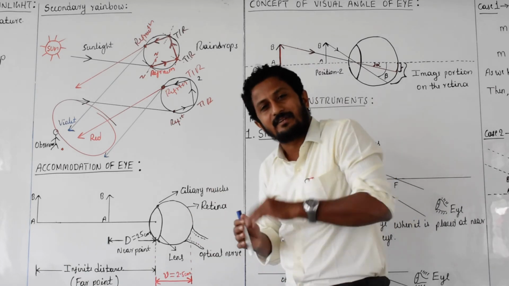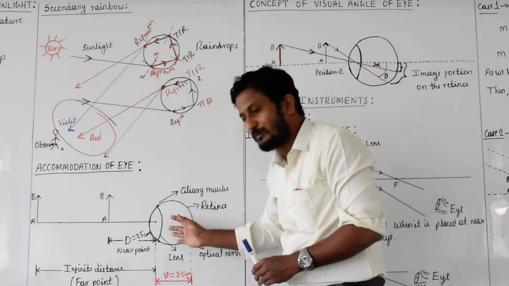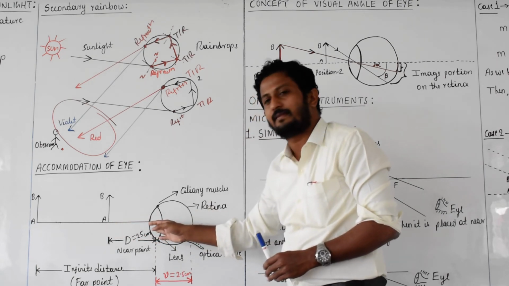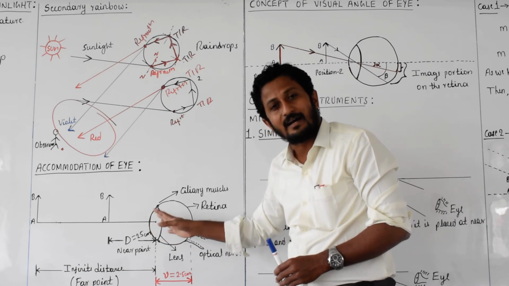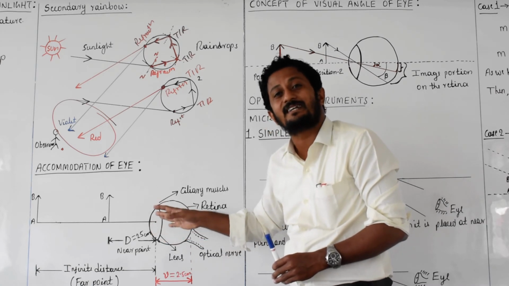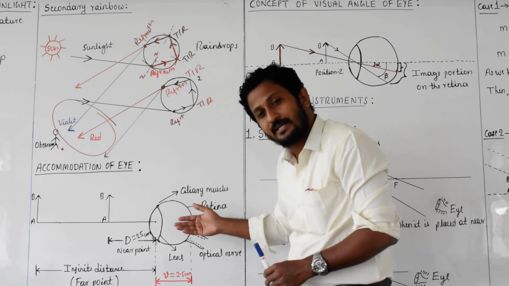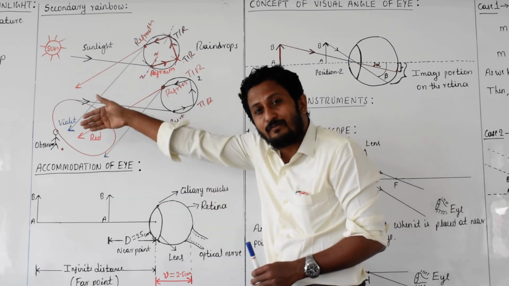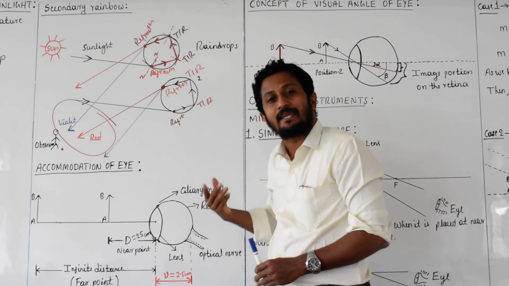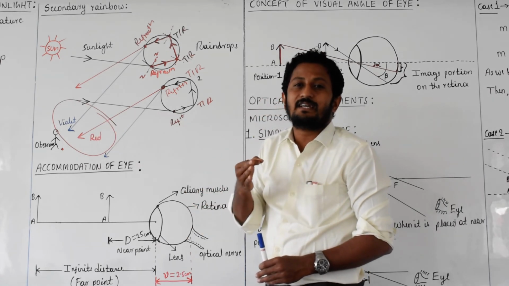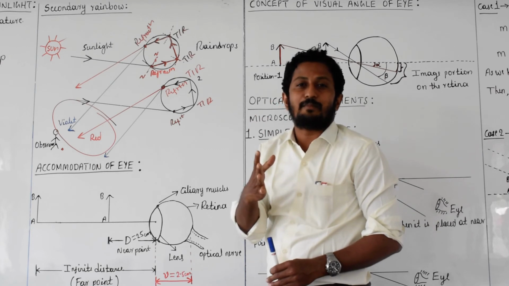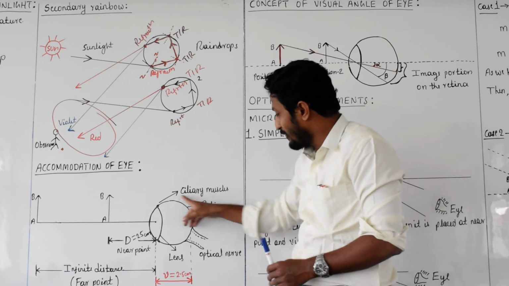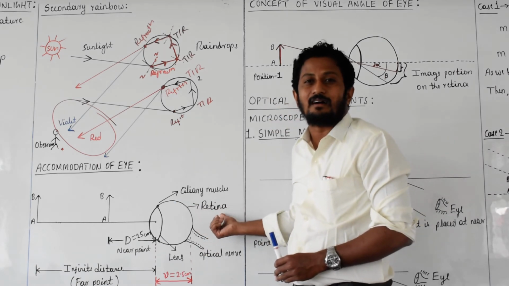The eye has certain conditions. For a normal eye, if the object is between 25 centimeter and the optic center, then the eye is unable to see its clear image. If the object is beyond the near point till the far point, then the eye is able to see the object clearly because its image is properly formed on the retina.